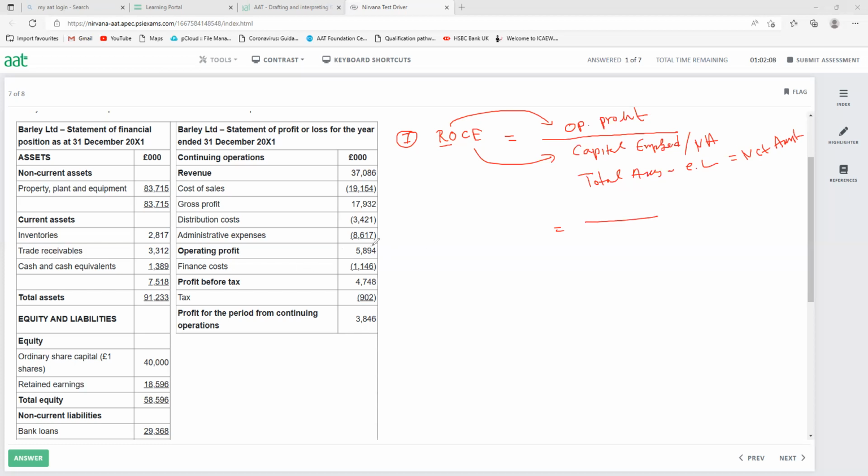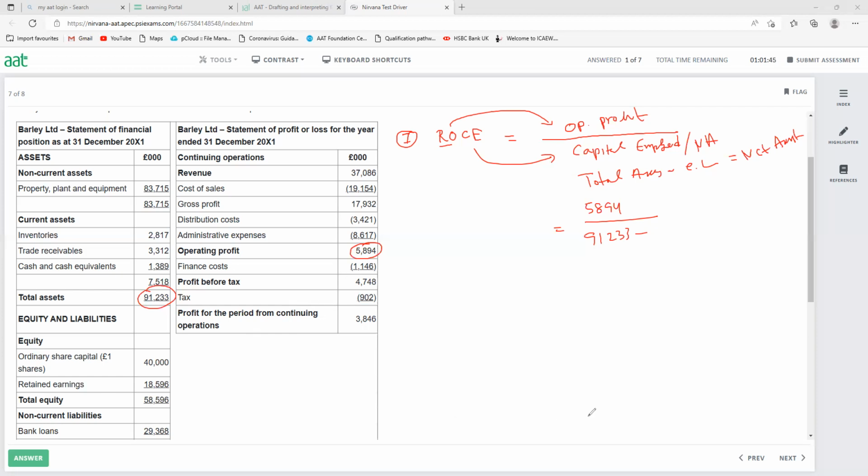Operating profit. So we have operating profit 5894, 5894, and the total asset we have 91,233 minus the current liabilities, how much we have. So we need to look at the current liabilities from the question.